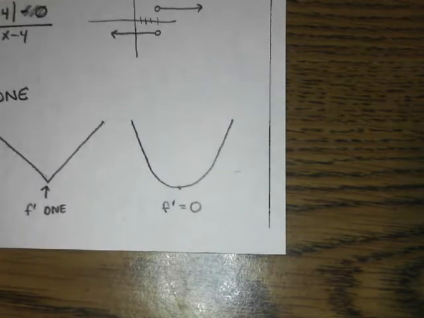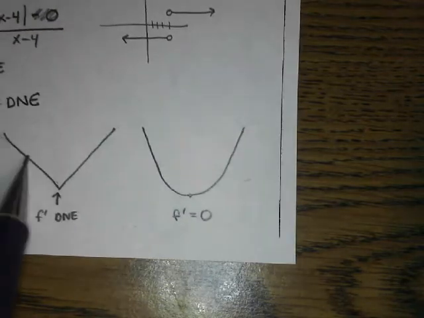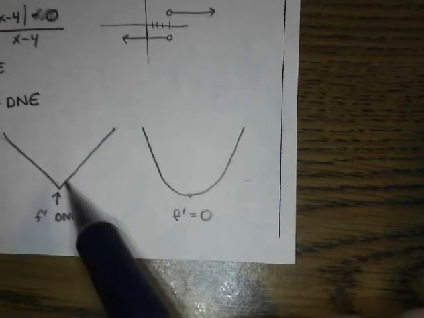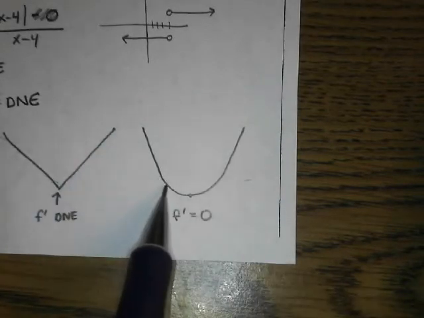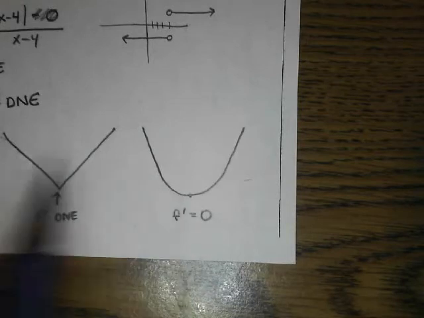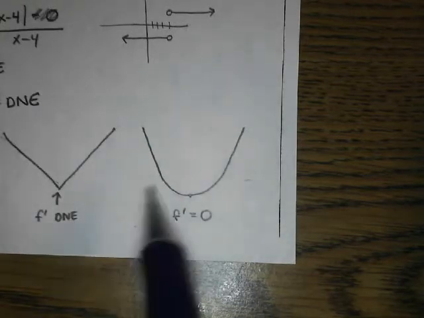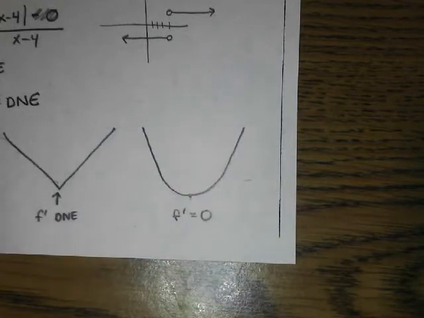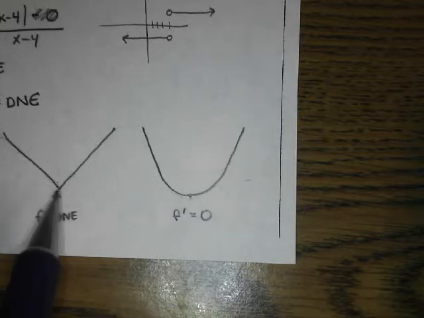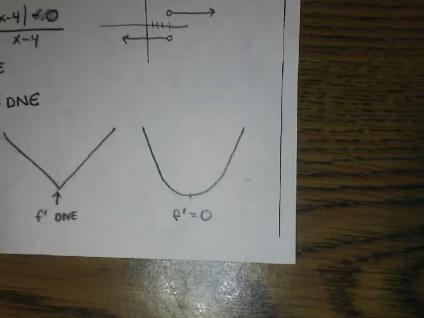Meaning, this slope we'll just pretend is -1, and then it drastically changes to positive 1. Whereas this one might be negative 1, but then it's negative 0.9, negative 0.8, and it's this continuum that will lead it into 0, and then turn it into a positive, but gradually and continuously, versus the sharp corner, where we abruptly jump from a slope of negative 1 to a slope of positive 1.